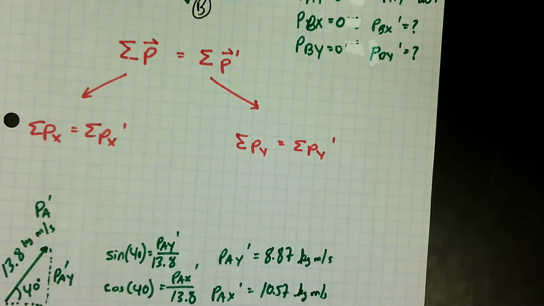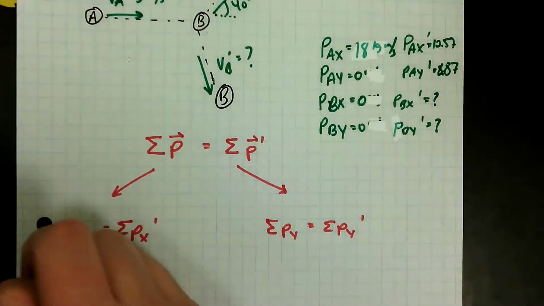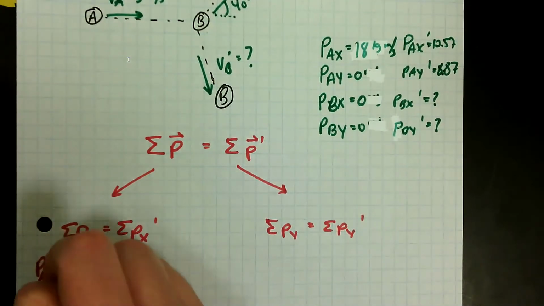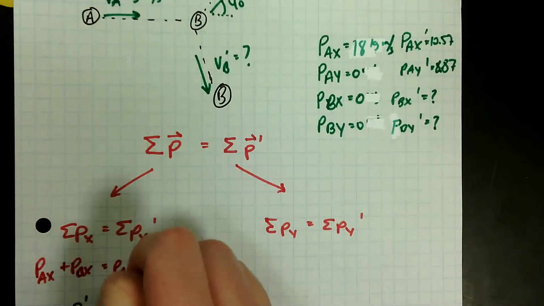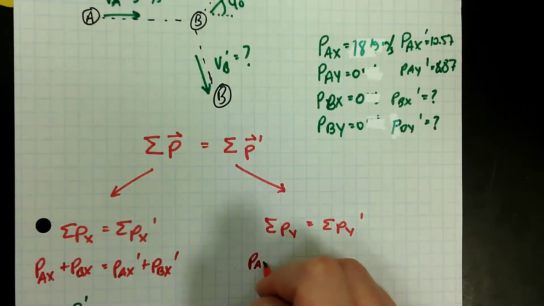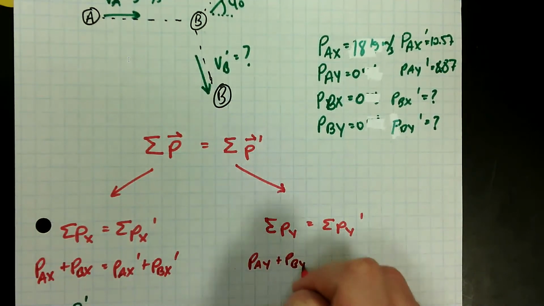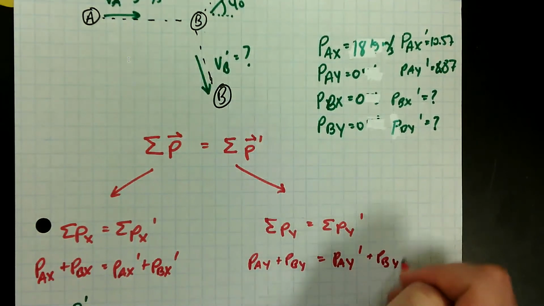Now, what we in essence have, right, is we have to do conservation of momentum twice. So we need PAX plus PBX to equal PAX prime plus PBX prime. And we need PAY plus PBY to be PAY prime plus PBY prime.